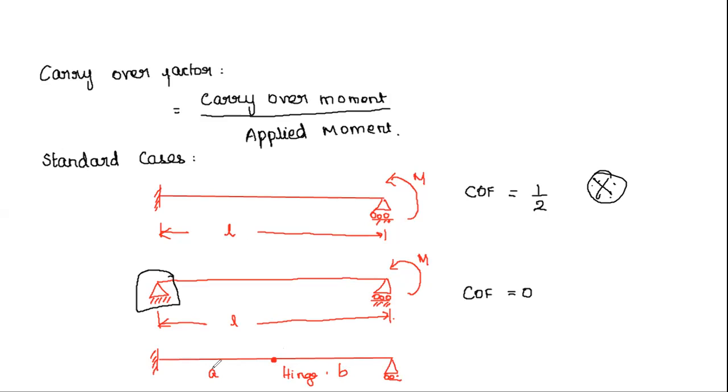From the fixed support it is at a distance of A and the hinge is located at a distance of B from the free end. So the carryover factor for this condition is equal to A by B, where A is the distance of the hinge from the fixed end and B is the distance of the hinge from the propped end. So these are the three standard cases for the carryover factor.